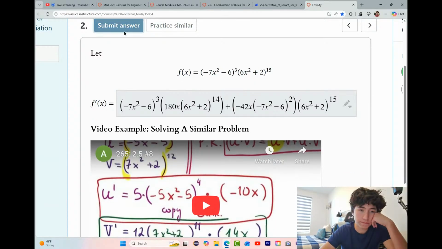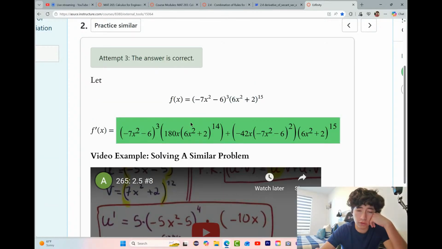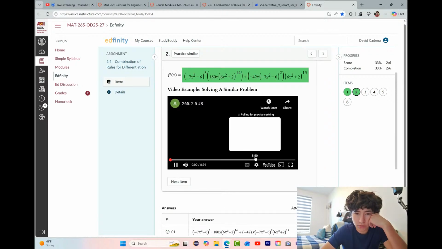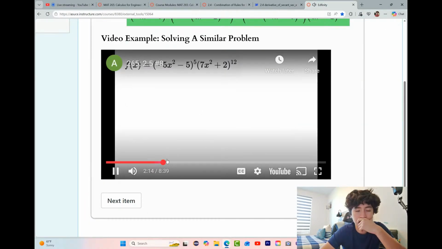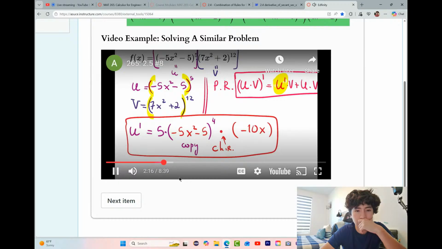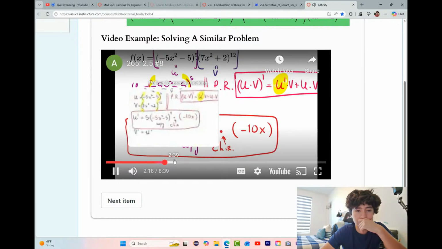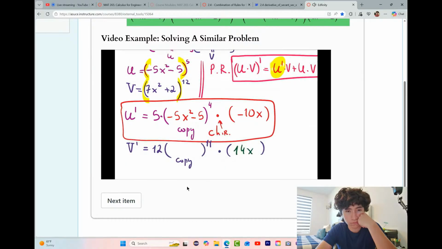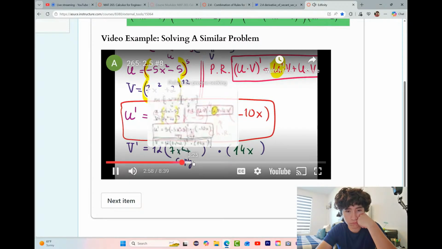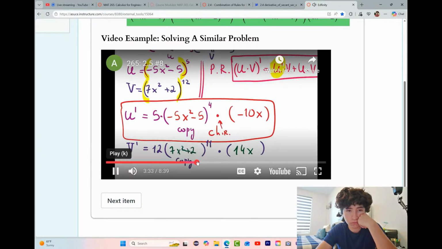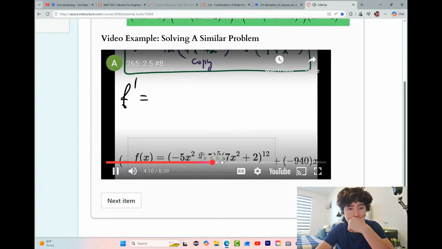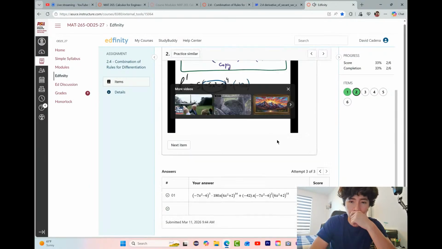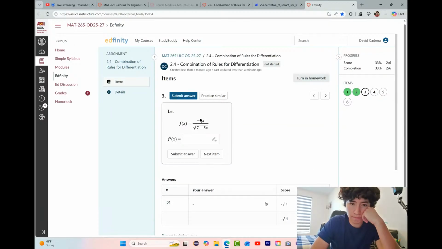All right. Looks like not simplifying worked. What do we have here? Okay, yeah. We got that. Let's do the next item.